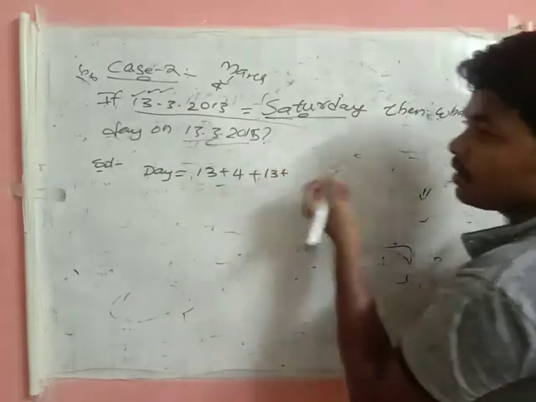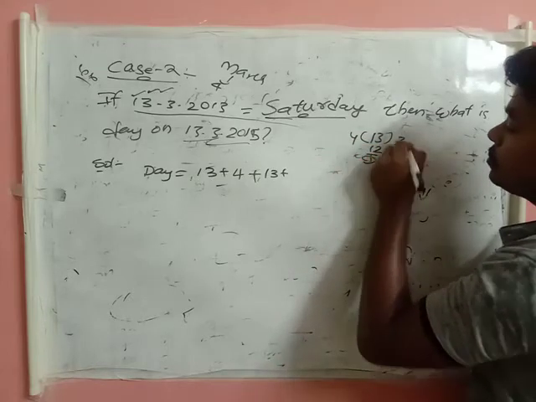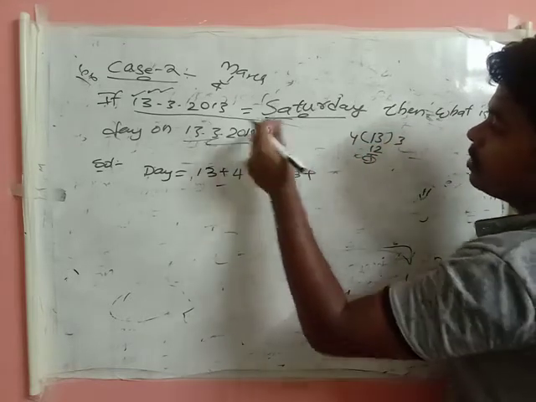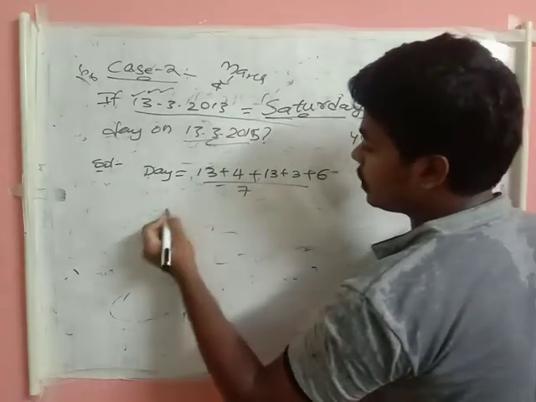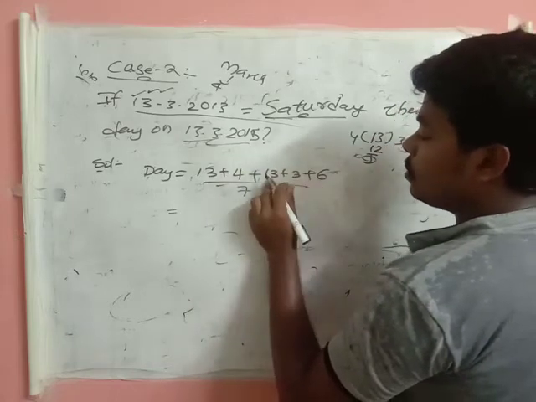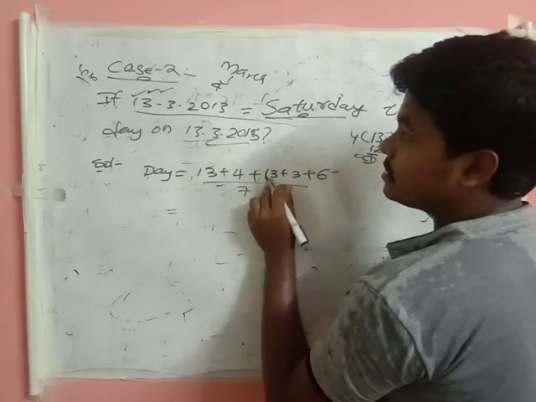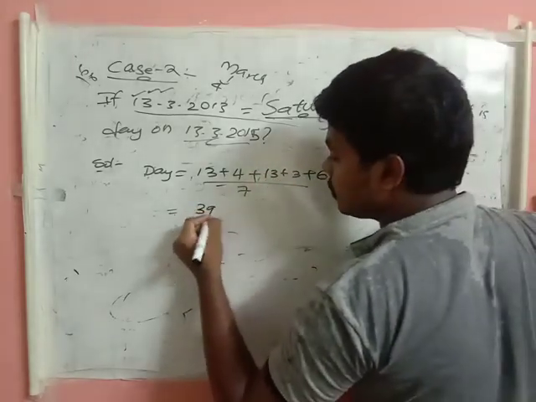Number of leap years: 13 divided by 4, 4 threes are 12, remainder 1, so 3. The code for 2000s is 6. So 13 plus 4 is 17, 17 plus 3 is 20, 20 plus 13 is 33, 33 plus 6 is 39.